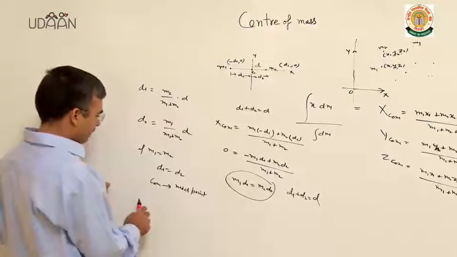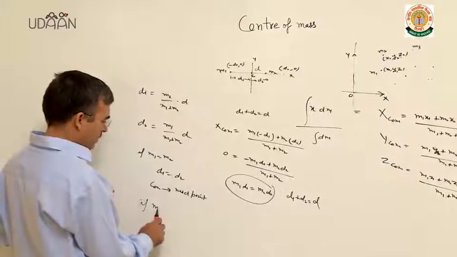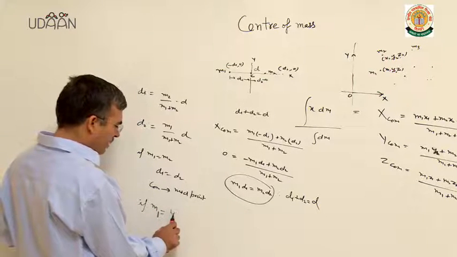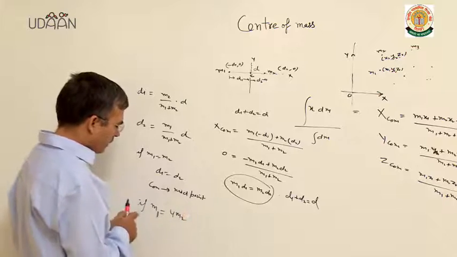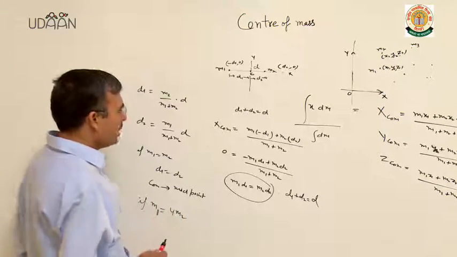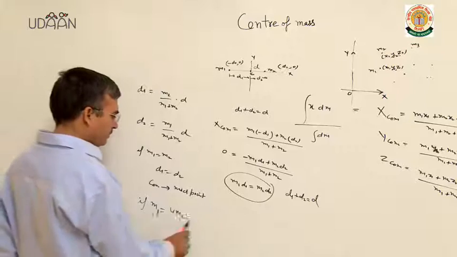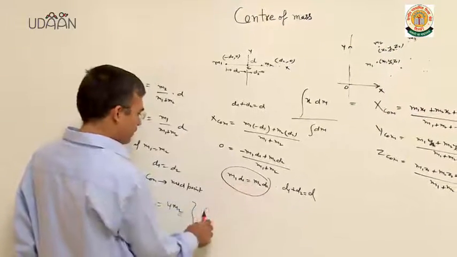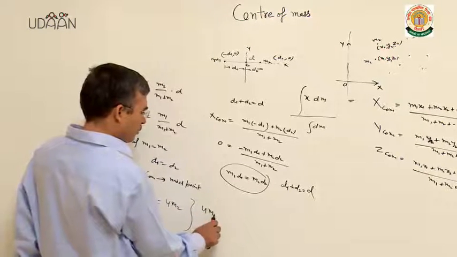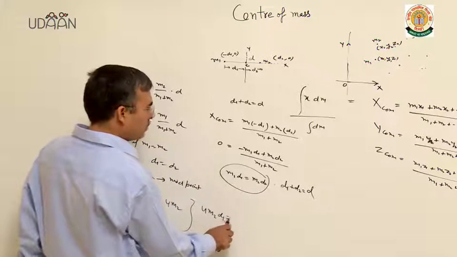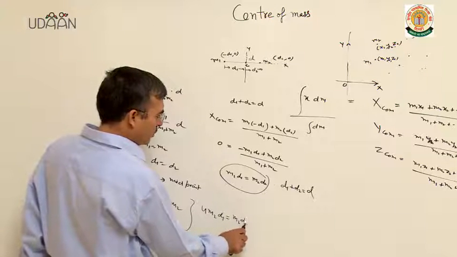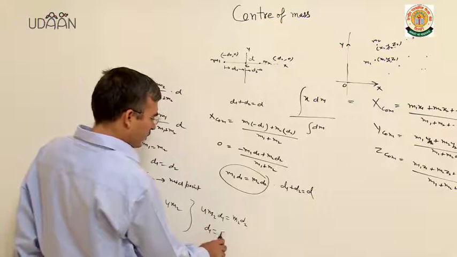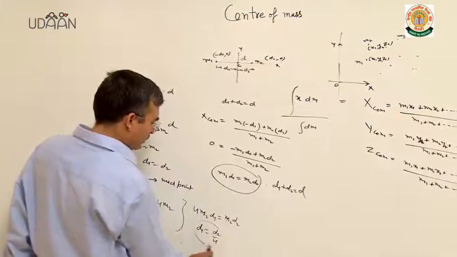If m1 is 4 times m2, suppose m1 is 4 times m2, then if you apply this equation, 4 m2 into d1 equal to m2 into d2, you will get d1 equal to d2 over 4.